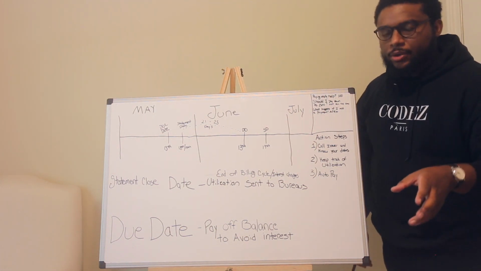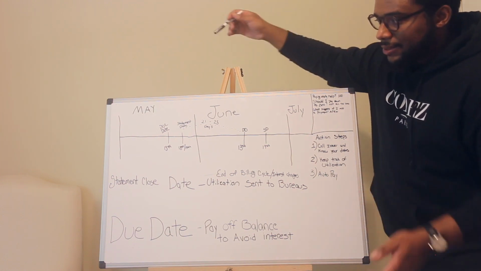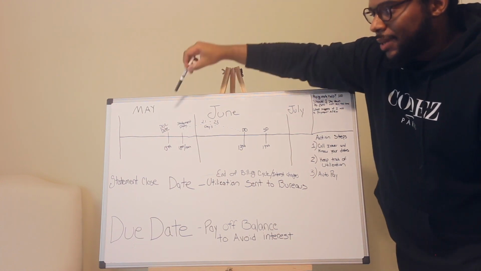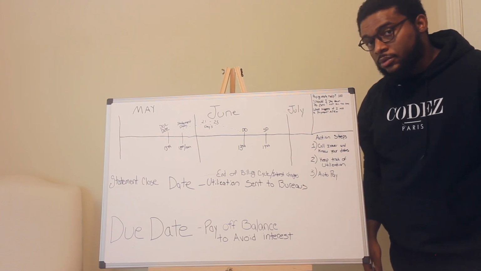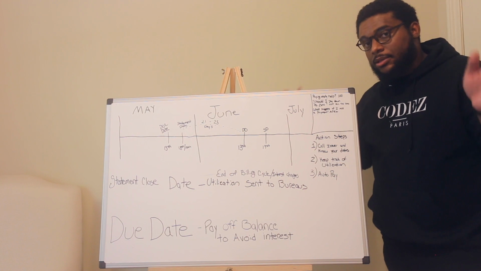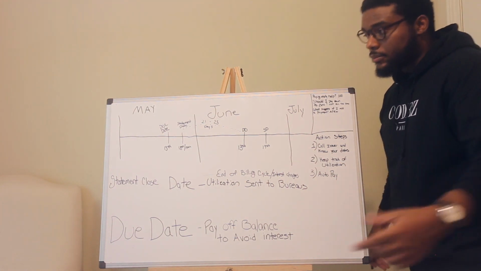So here's a scenario, and you let me know what the answer is in the comments. Let's say in May, I spent $500, and then on my due date on the 13th, I paid that $500 off. So on the 13th of May, I had no balance whatsoever. Paid it off because I'm thinking I'm doing a good job.